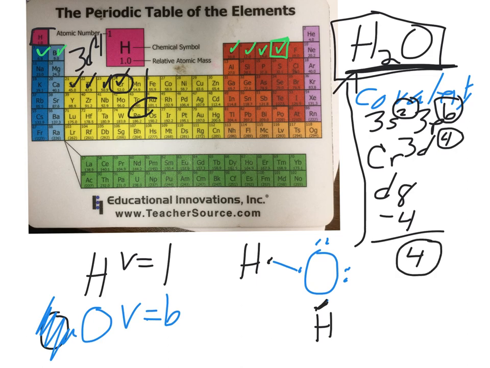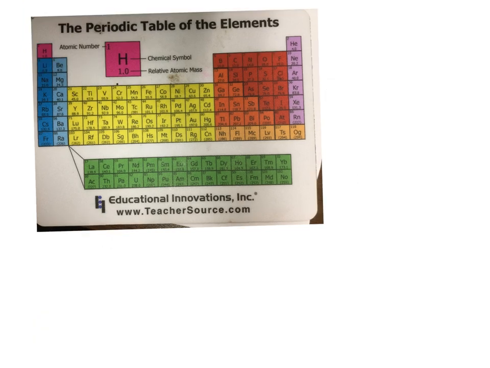So chromium will have 1, 2, 3, 4 dots, unless you have a charge. If I have chromium with a +3, then that's going to change. Your transition elements can have different charges.